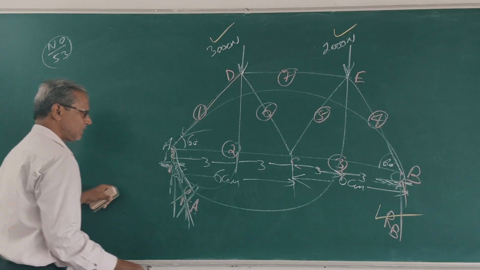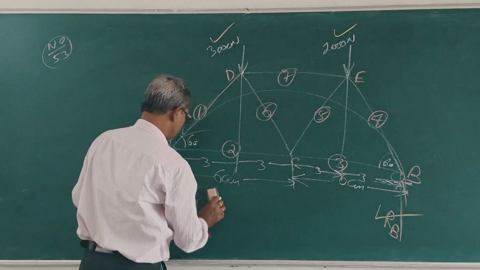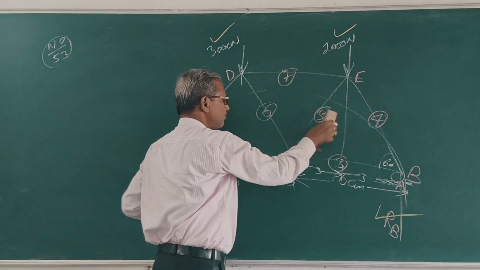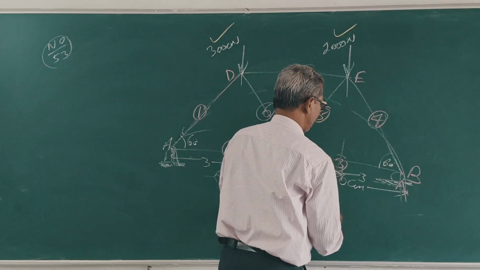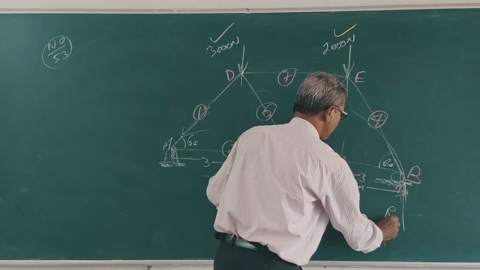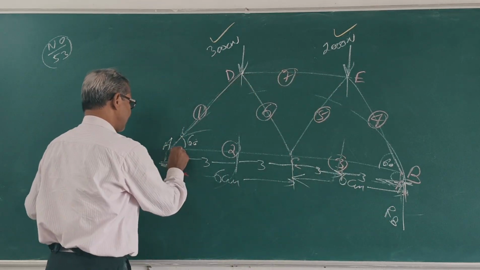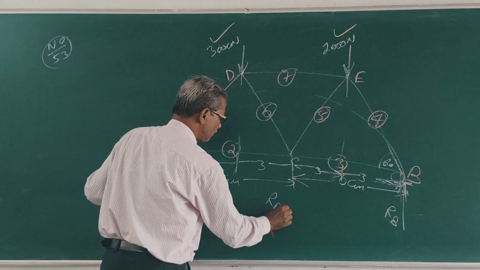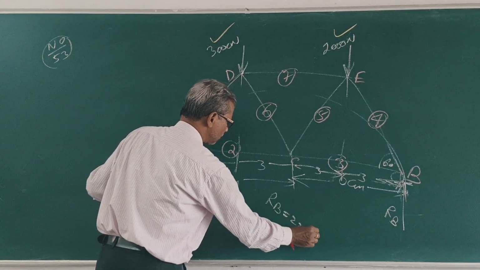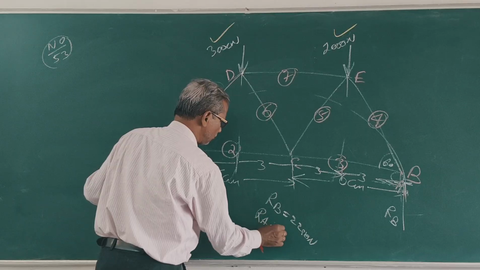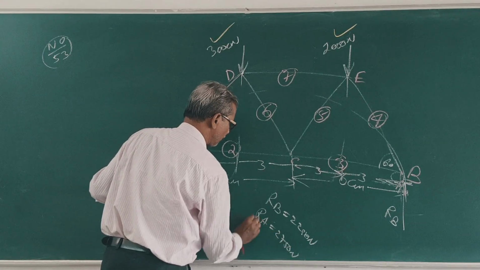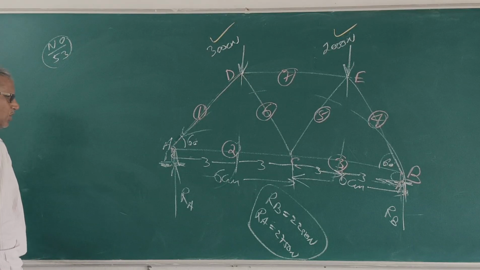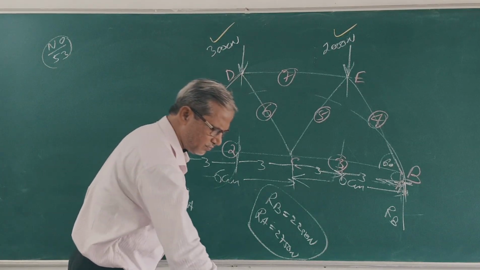So come to the figure. This is RB, this is RA. RB is equal to 2250 Newton. RA is equal to 2750 Newton. Clear? Now give the direction of all forces in each member.